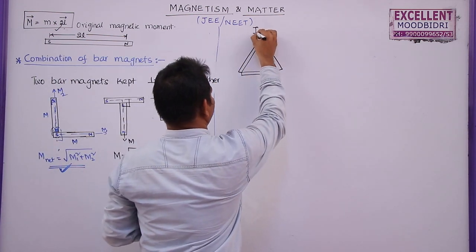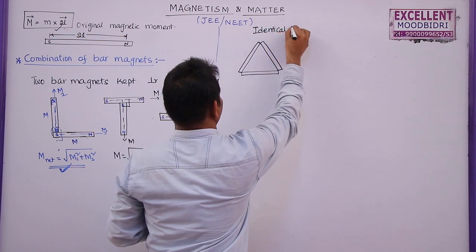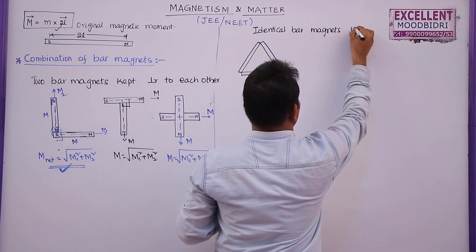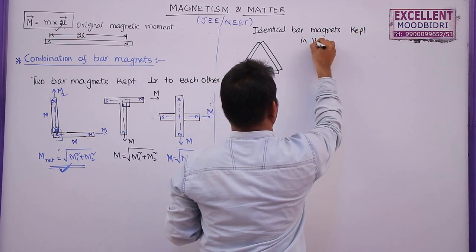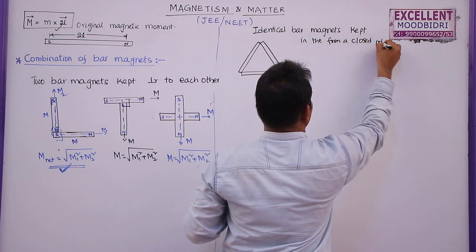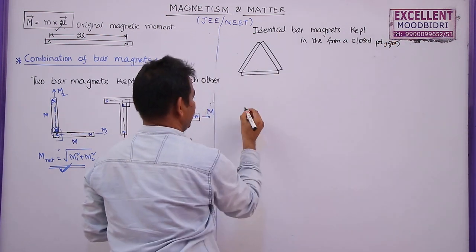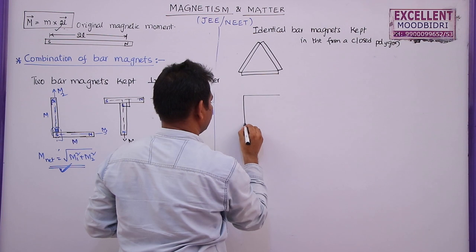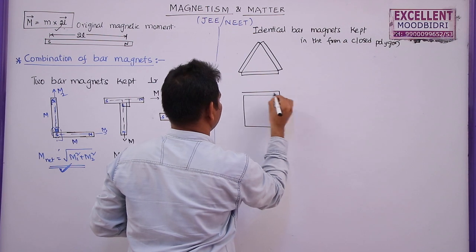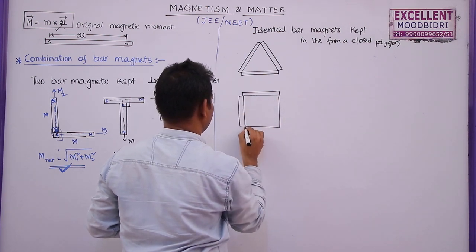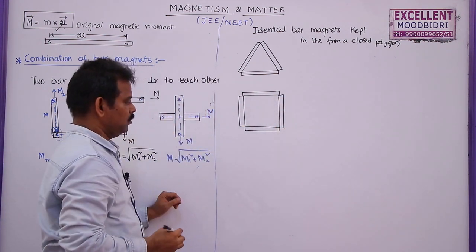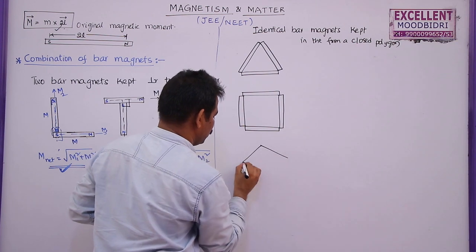So identical bar magnets kept in the form of a closed polygon. So this is a triangle, or you can take a square also. Even if you take a hexagon or pentagon.